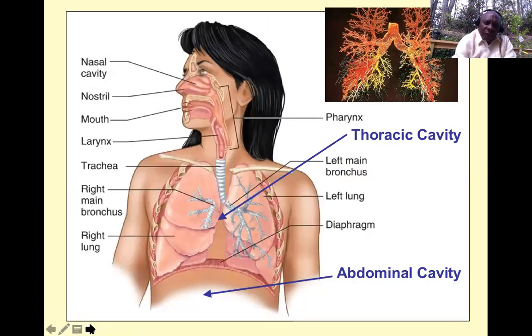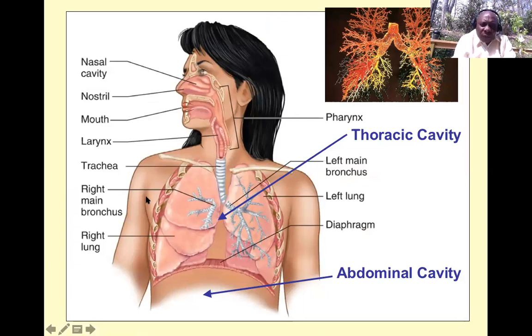Okay, so let's look at the gross anatomy of the respiratory system. And so when we talk about the respiratory system, we include more than just the lungs.